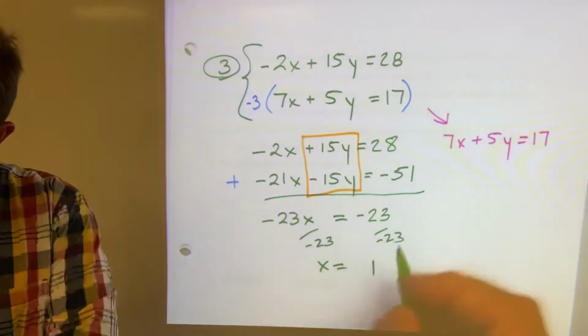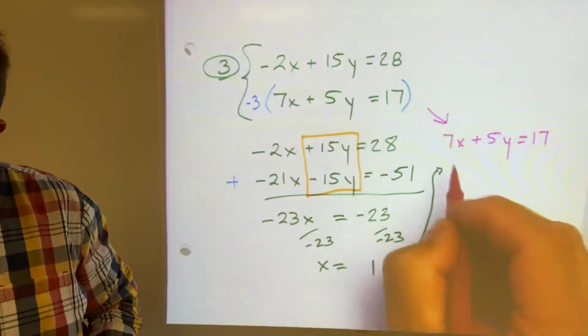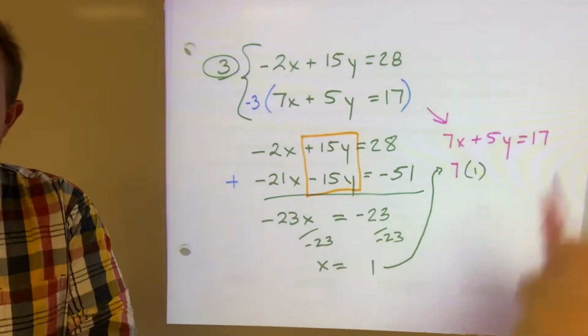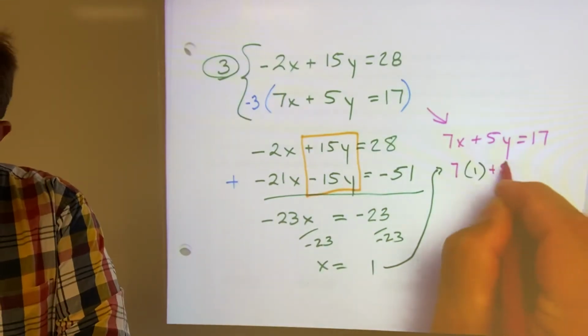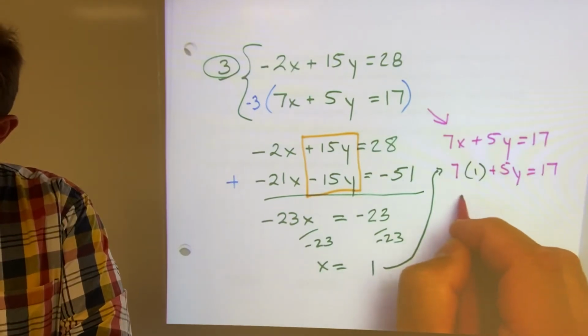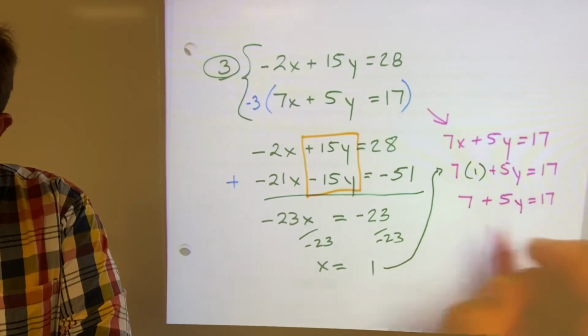So if I bring this equation down, 7x plus 5y equals 17, and we substitute in x equals 1, we're going to get 7 times 1 plus 5y equals 17, or 7 plus 5y equals 17.